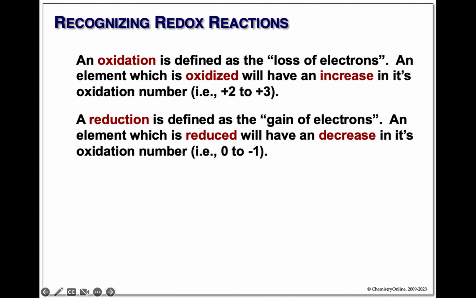You either remember one of these two things. Oxidation is loss of electrons. You can do it any other way you want. Loss of electrons is what I use. That means reduction is the gain of electrons. Simply remember those terms.